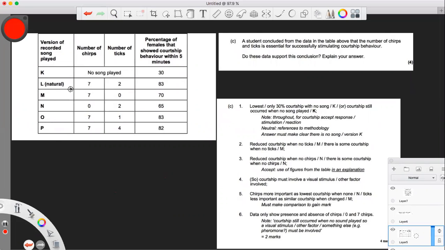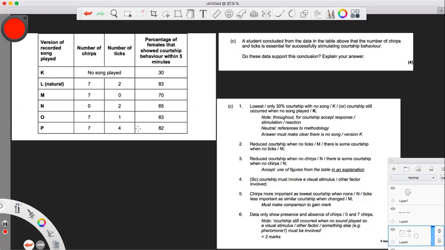This is your natural cricket, L, and your natural cricket has got 7 chirps to 2 ticks. Then you've got a cricket that doesn't play any song at all, and then different combinations: 7 chirps, no ticks, no chirps, 2 ticks, and so on and so forth.